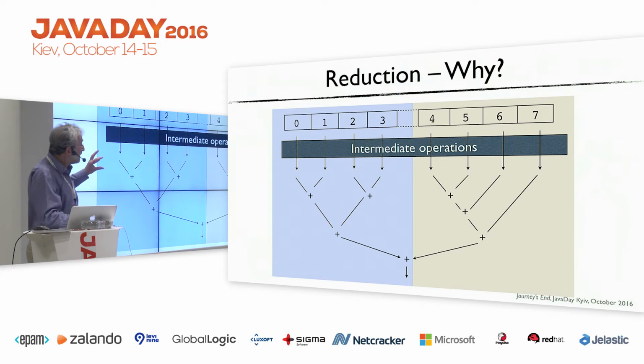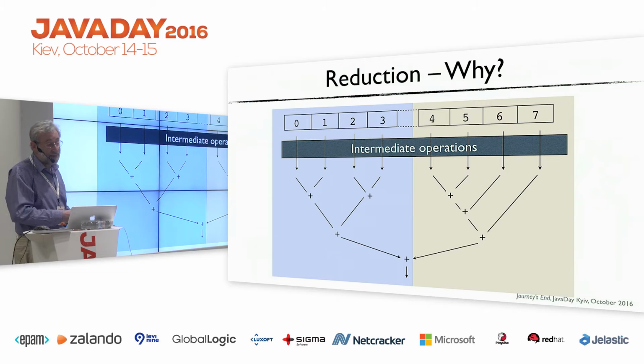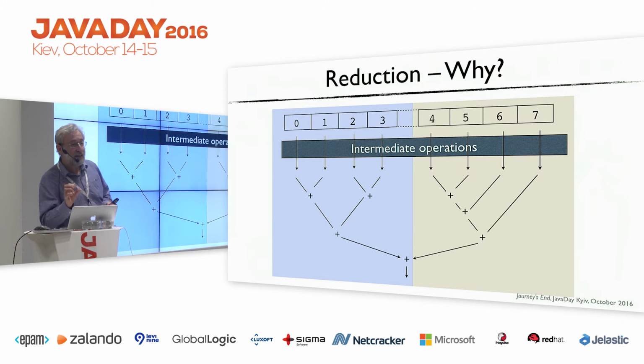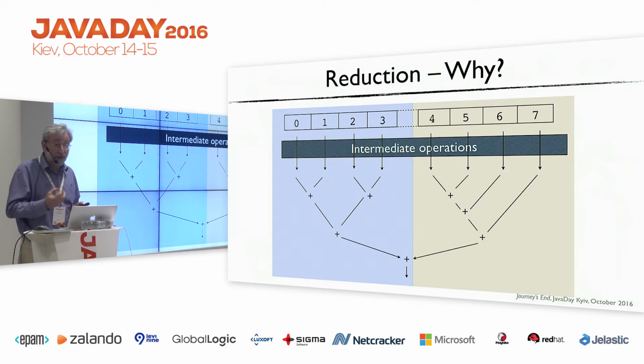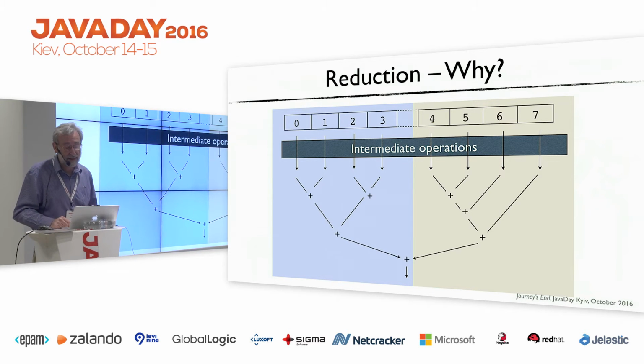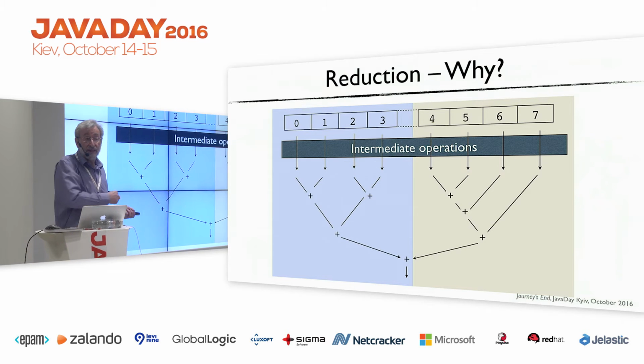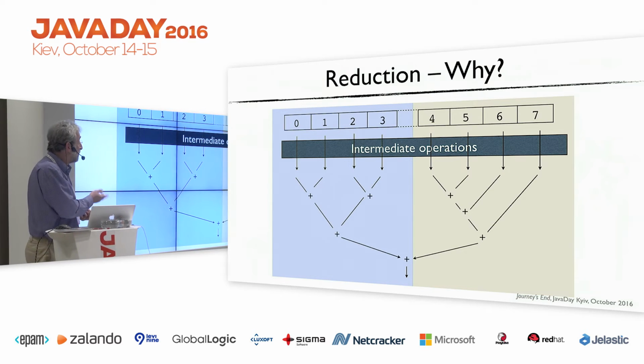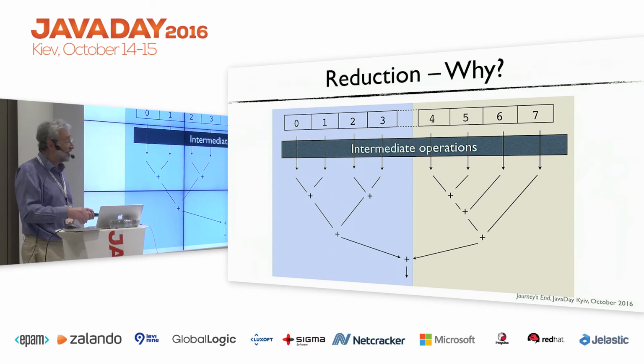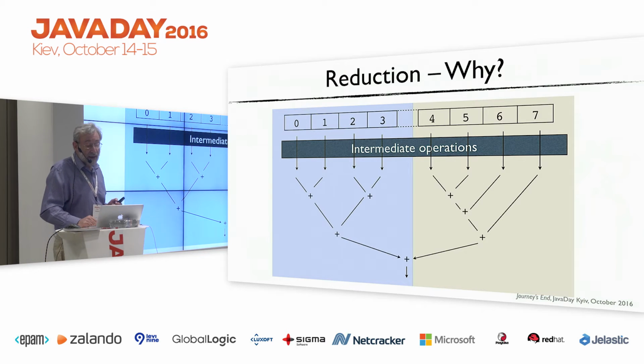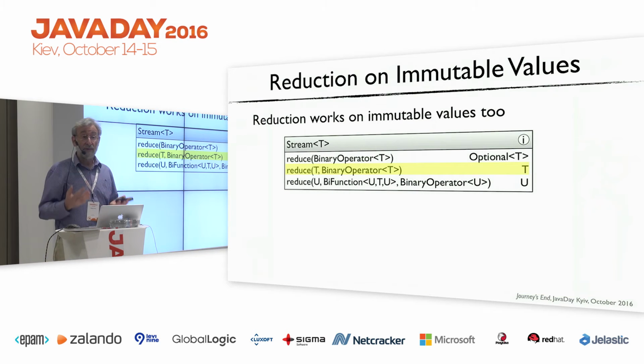It's quite a narrow niche of execution scenarios. But the principle of writing code that will be fit for doing this is worthwhile, because we know that niche is going to widen as time goes by. So this is reduction on primitives, and it's pretty straightforward. Now, what about reduction on reference types?